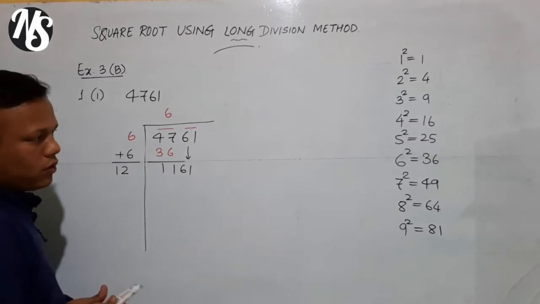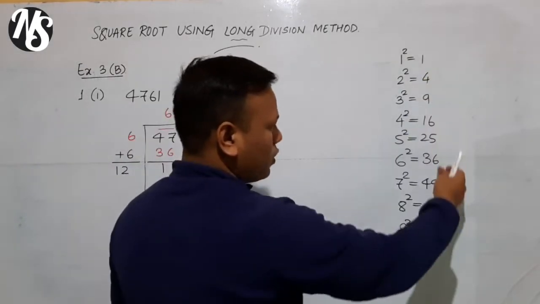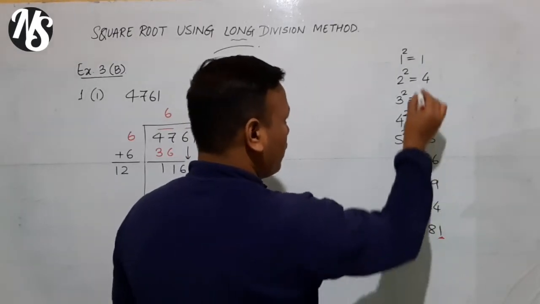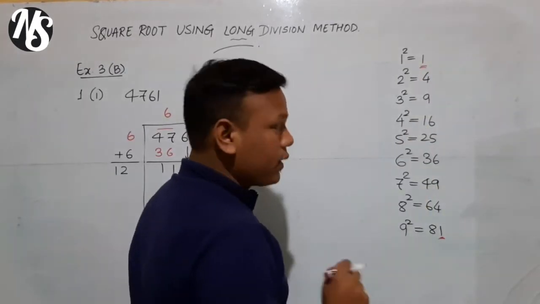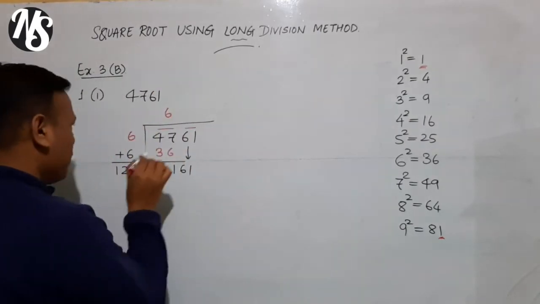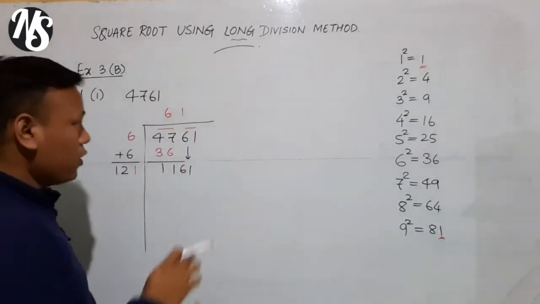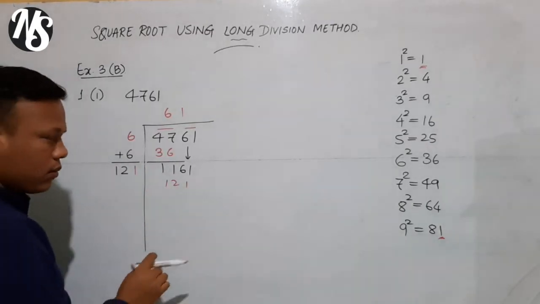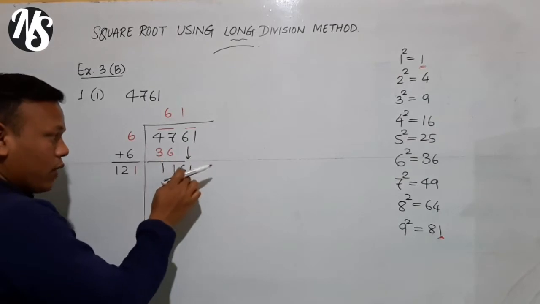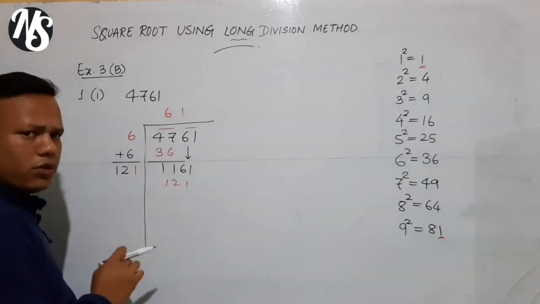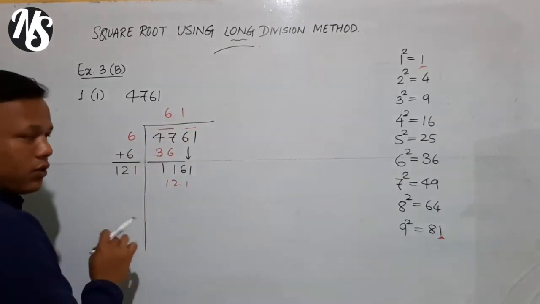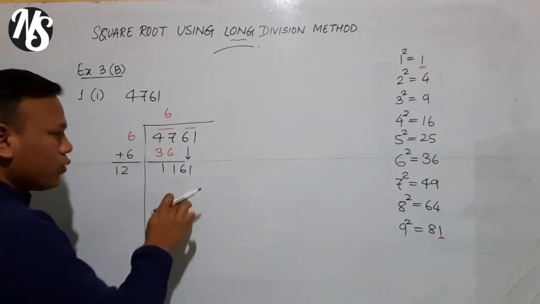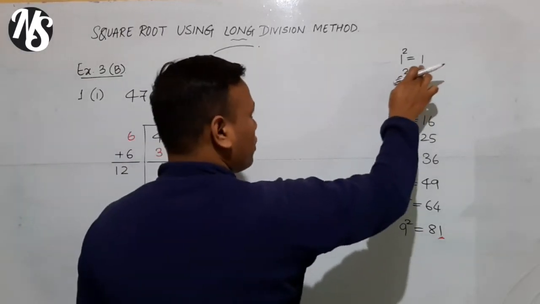If you search here, in the units place you have 1 either in this or in this. If I write 1 here, then I have to write 1 here. So 1 into 121 is 121. But our aim is to get 1161, and I got 121 if I write 1 and 1 here, so I cannot write 1 and 1, and that means I cannot use this.